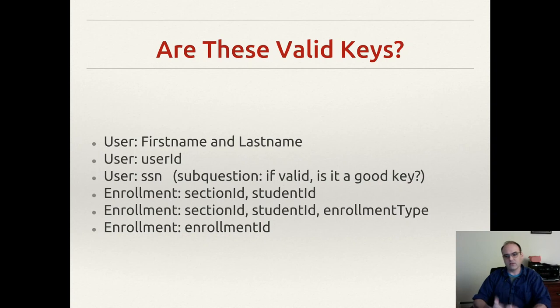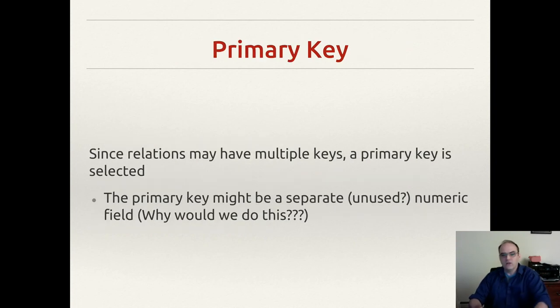All three of those things are concrete attributes that have purpose, right? They are data points that matter. The enrollment ID is something I just completely made up. It has no other purpose other than to be a primary key. And that's okay, right? That's one of the things that we decide when we do the design of this.